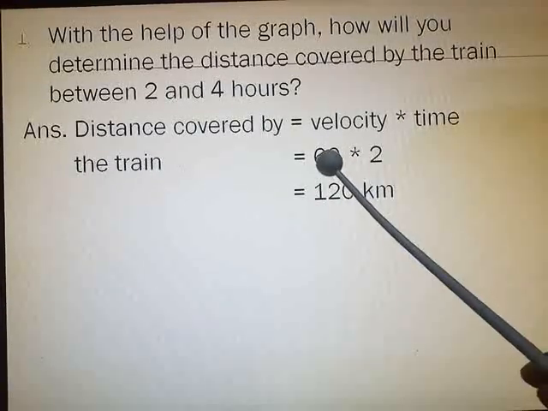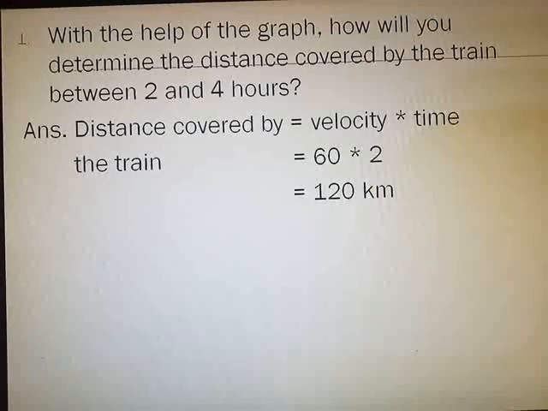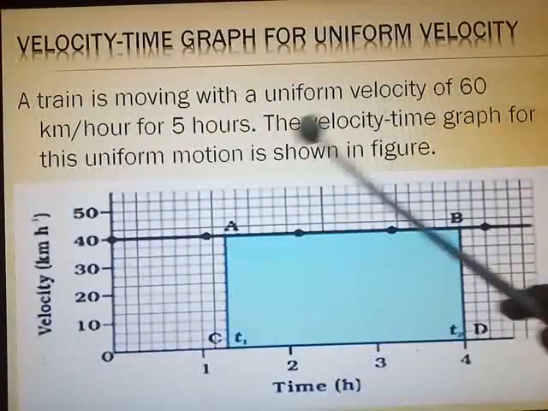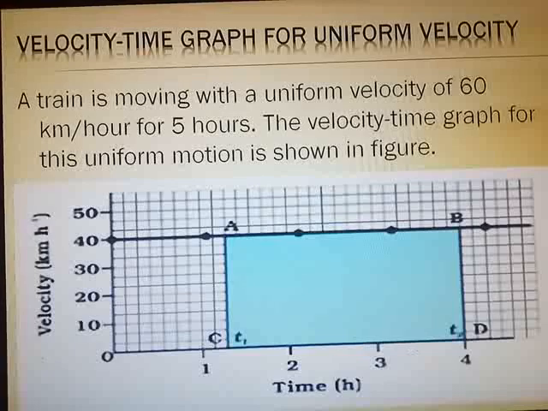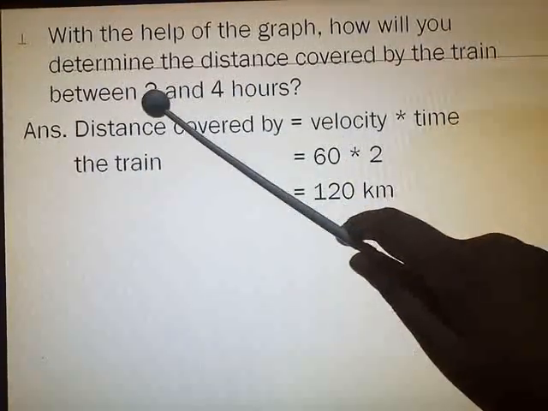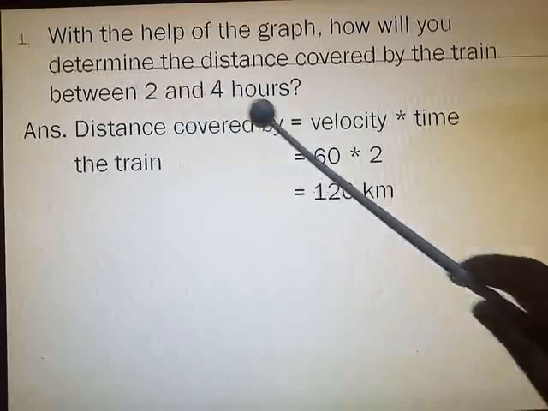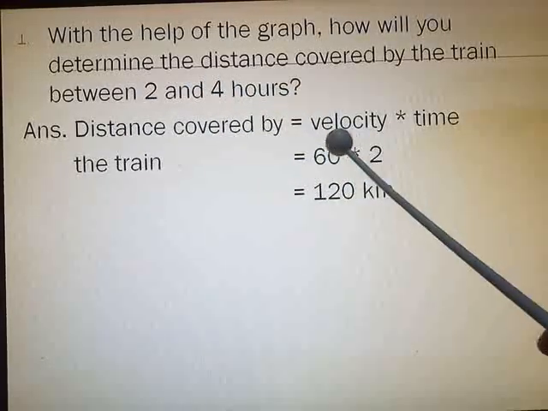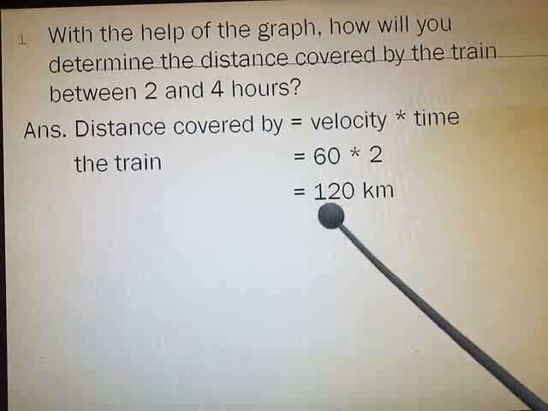What is the velocity of the train? Just now we have seen the velocity is 60 km per hour, so you are going to take 60, and time is between 2 and 4 hours. So 4 minus 2 gives 2 hours. 60 multiplied by 2 is 120.